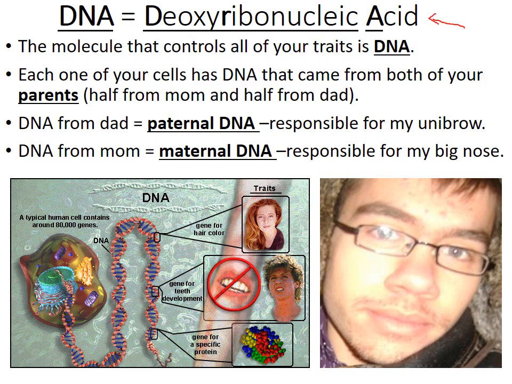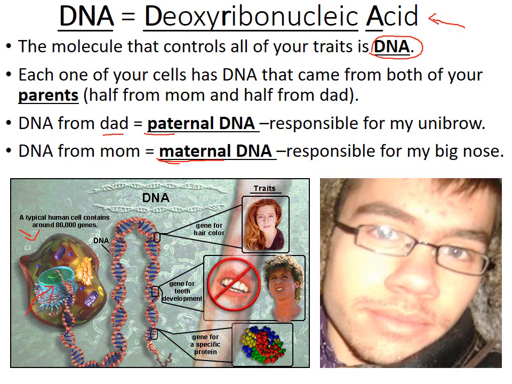But the idea is that DNA controls all of your traits. And you get your DNA from your parents. You get half of your DNA from your dad, and that's called the paternal DNA, pa, like papa. And half your DNA from your mom, that's called your maternal DNA, ma, like mama. So the way you can look at it is, here's our cell, and inside the nucleus is where your DNA is found.